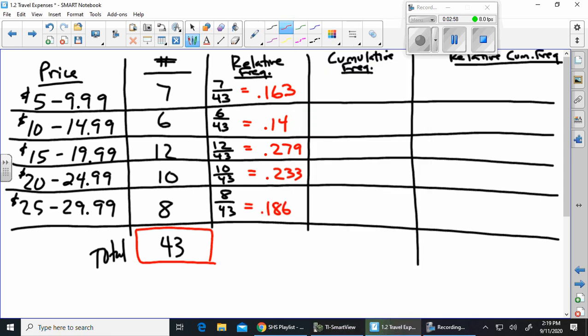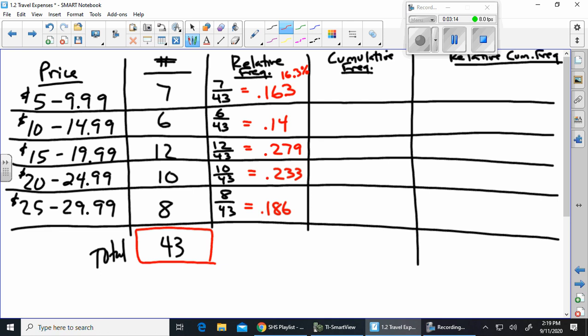Now, if you're ever asked percent, you would just multiply by 100. This is 16.3%. Or you move your decimal 2 places to the right.